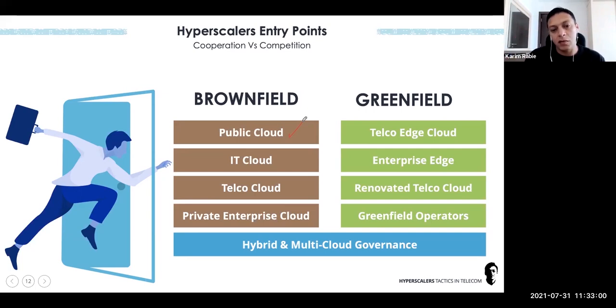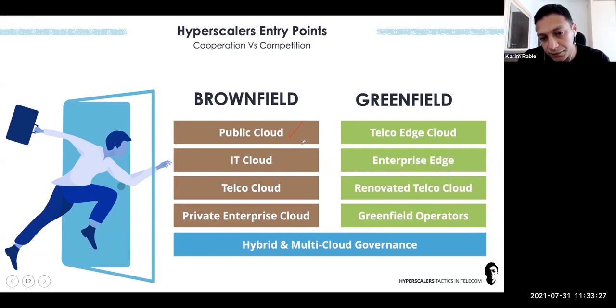So in public cloud, it was a pure competition between both of them, but we will see in the next slide that it started to become a cooperation. Somehow the operators are trying to enlarge their portfolio with the hyperscalers' offerings and merge the offerings into one bundle for their enterprise customers. So that's the public cloud.